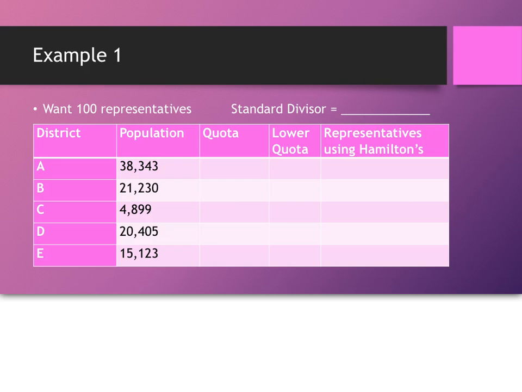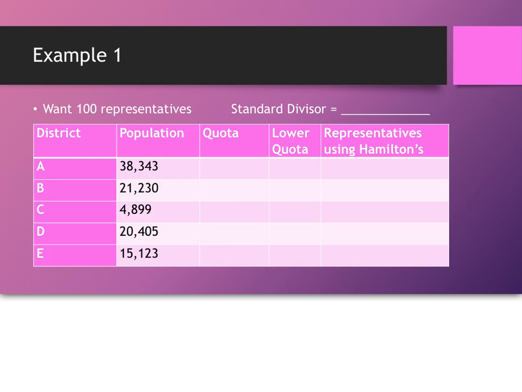So let's take our example of 100 representatives. Now, first off, we have to start out by getting the standard divisor. So we want to take all of the population and add it together. This was actually the one we previously did in the introduction.